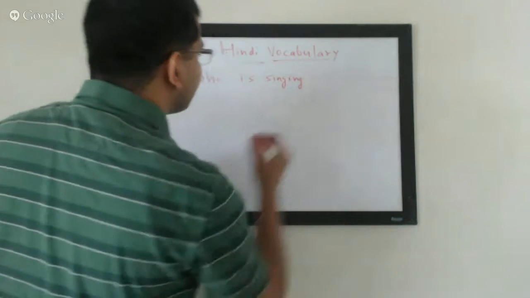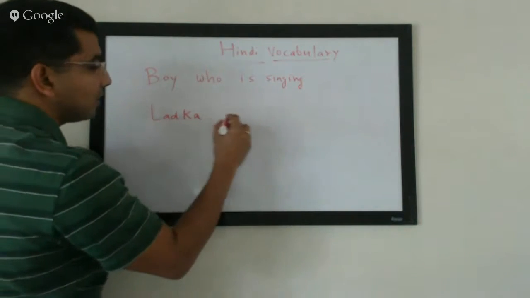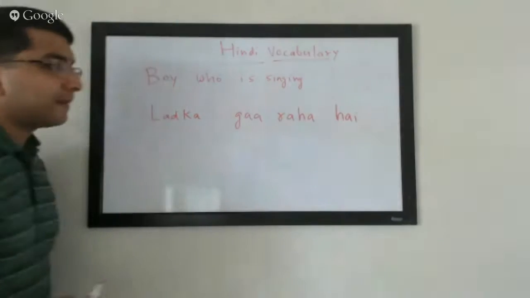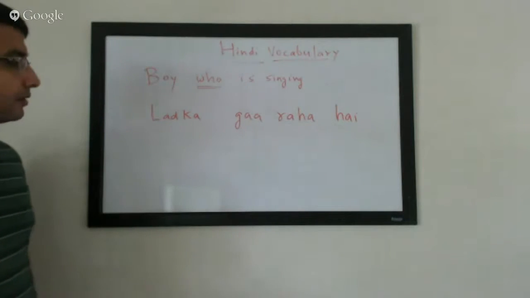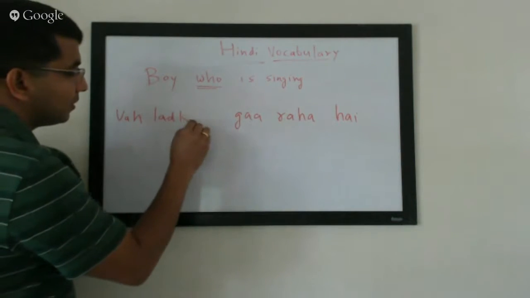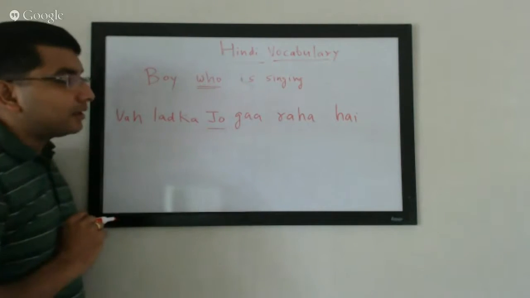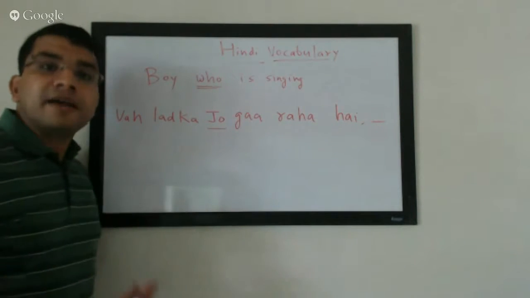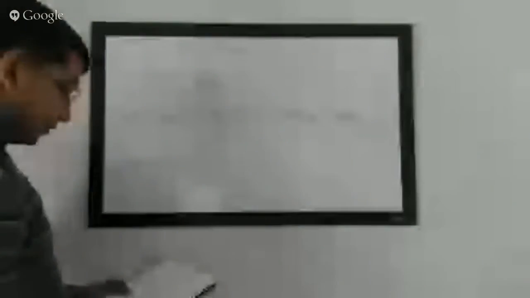If you simply say "the boy is singing," you say लड़का गा रहा है. Now let's say you want to use "who" as well. You can say वह लड़का जो गा रहा है, the boy there who is singing, and then you can say he is my relative, or he is a musician as well. That's how you will use it here.